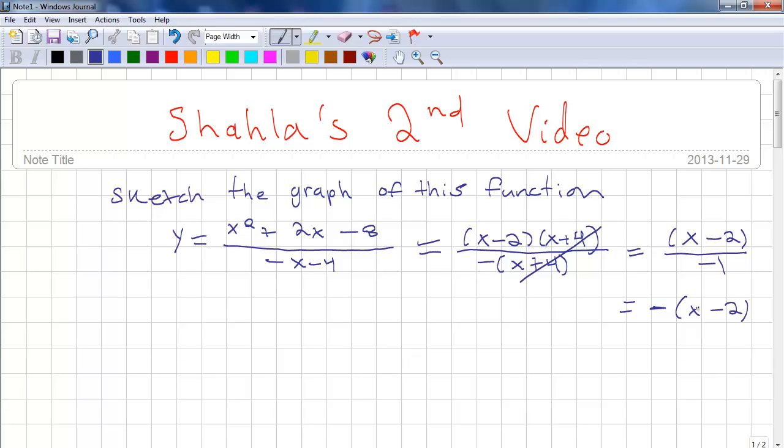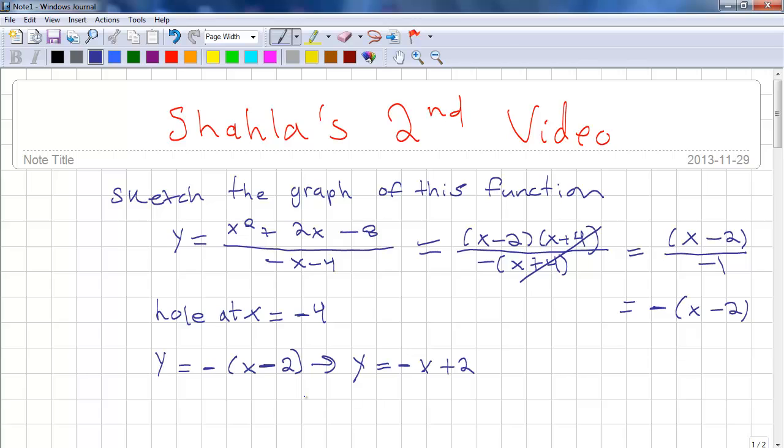Okay, and also, as I already mentioned, the hole is at x equals negative 4. So y equals negative x minus 2, when we put the negative back into the equation.